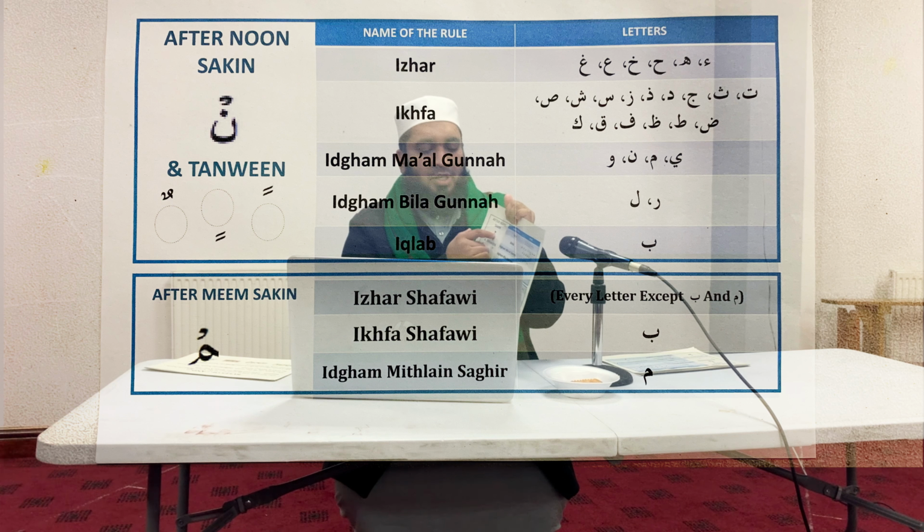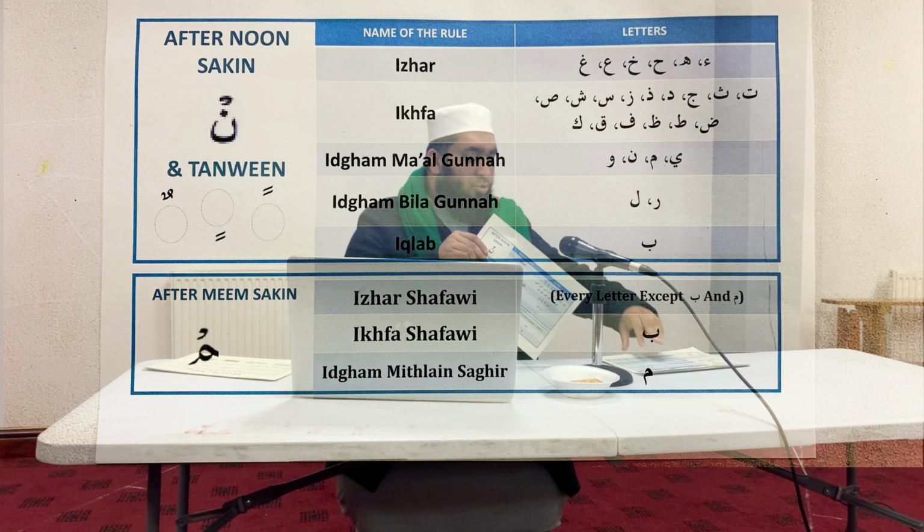If you see a nun sakin followed by one of the 4 letters, ya, mim, nun, waw, we know it is idgham ma'al gunna. So we need to merge and make gunna. If we see a nun sakin or tanween and one of the 2 letters, ra and lam, then it's idgham bila gunna, we merge without gunna.